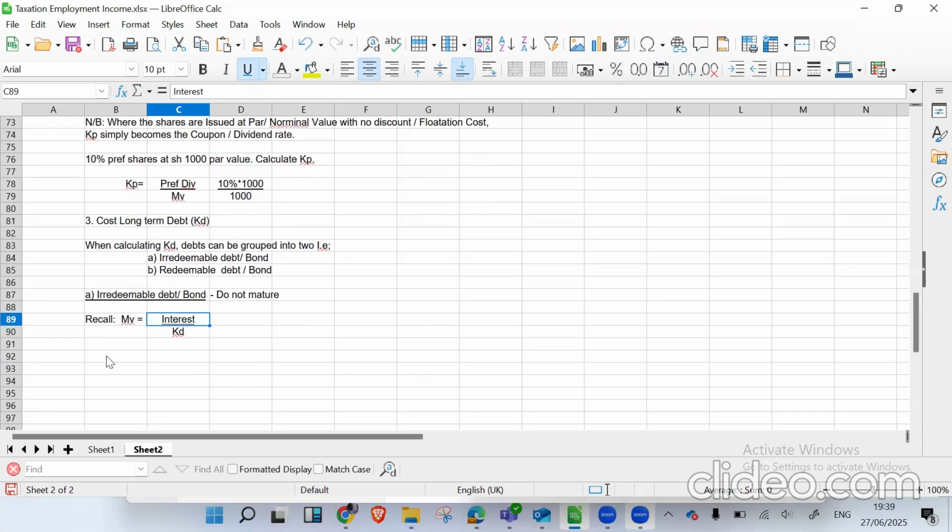Now, in our case, we need to make KD the subject. So if we make KD the subject of the equation, KD equals interest divided by what?